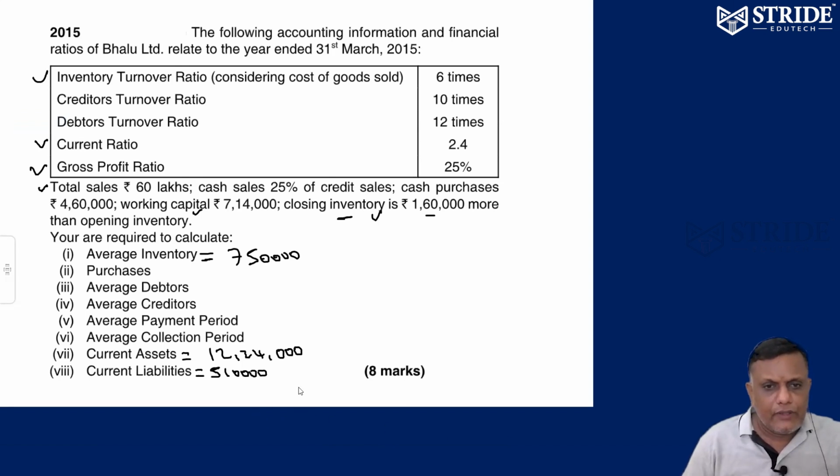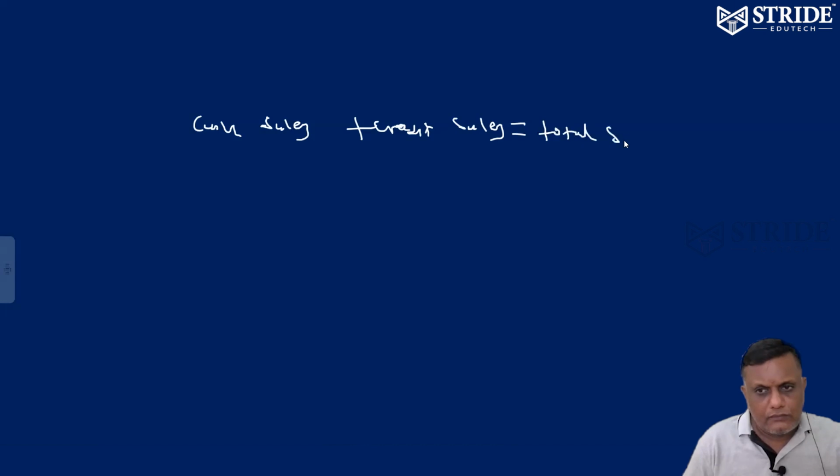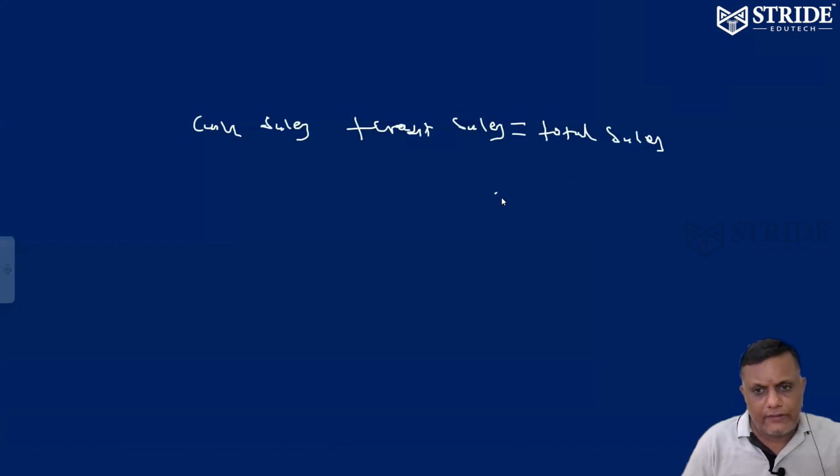Cash sales are 25% of credit sales. Cash sales plus credit sales is equivalent to total sales, and the total sale is 60 lakhs.